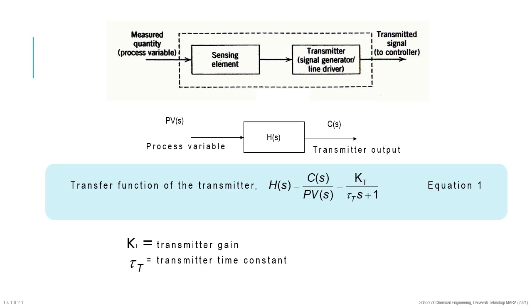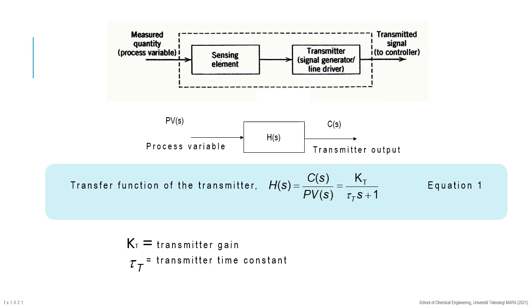The simplest form of the transfer function is a first-order lag as represented in equation 1. The numerator represents the electrical signal while the denominator represents the change in process variable.